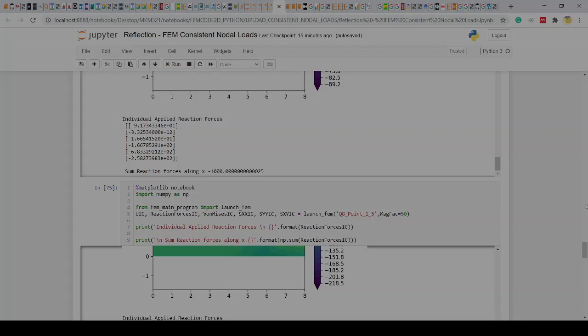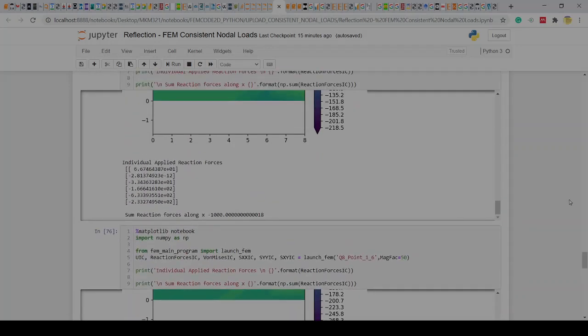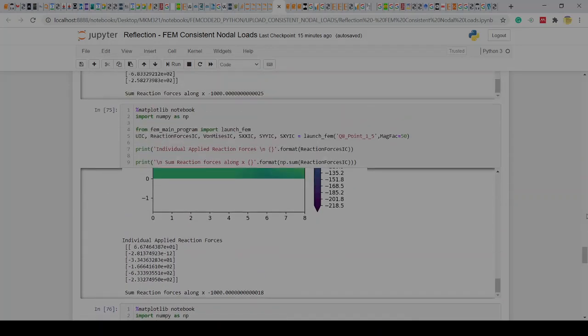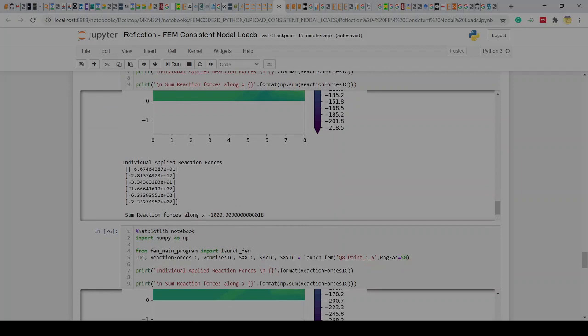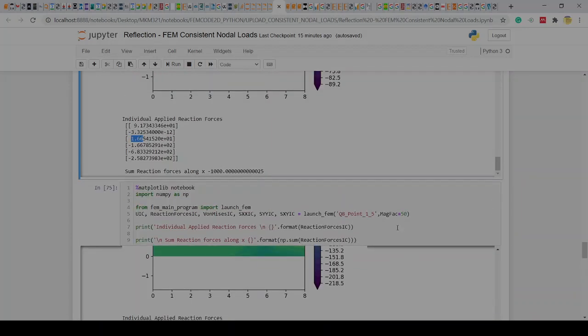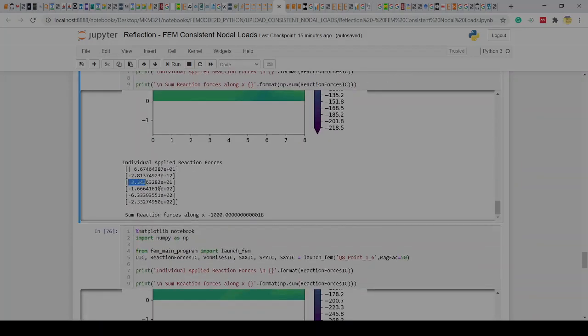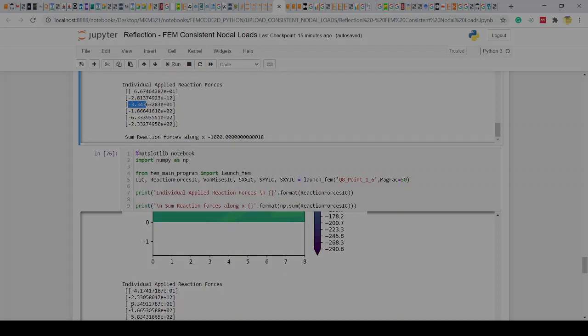Still have a 0 there, 167, minus 167, so this is 166, yeah, so 166 down to minus 33 down to minus 83.